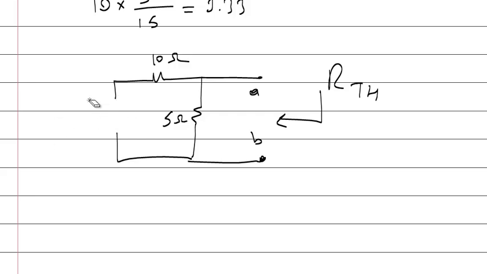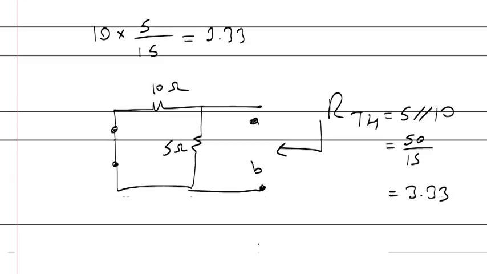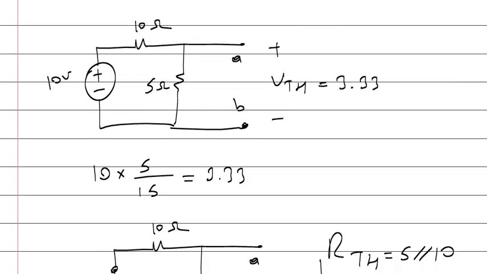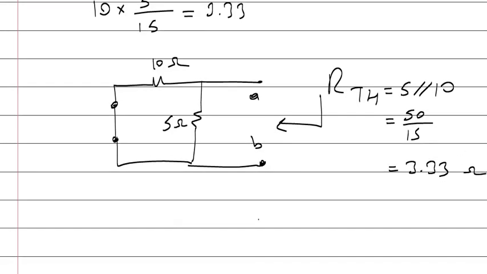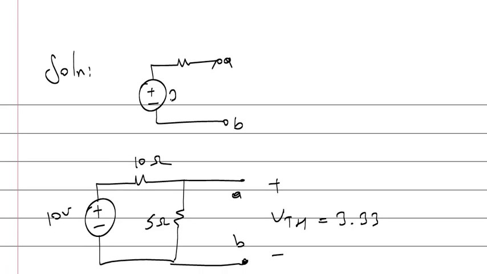This is a voltage source. If you turn it off, it will be a short. So 10 and 5 ohms are in parallel: 10 parallel with 5 is equal to 50 divided by 15, which is 3.33. Oh, fortunately they are the same. So I have calculated the Thevenin equivalent. This is 3.33, and this is the same. That's chance.